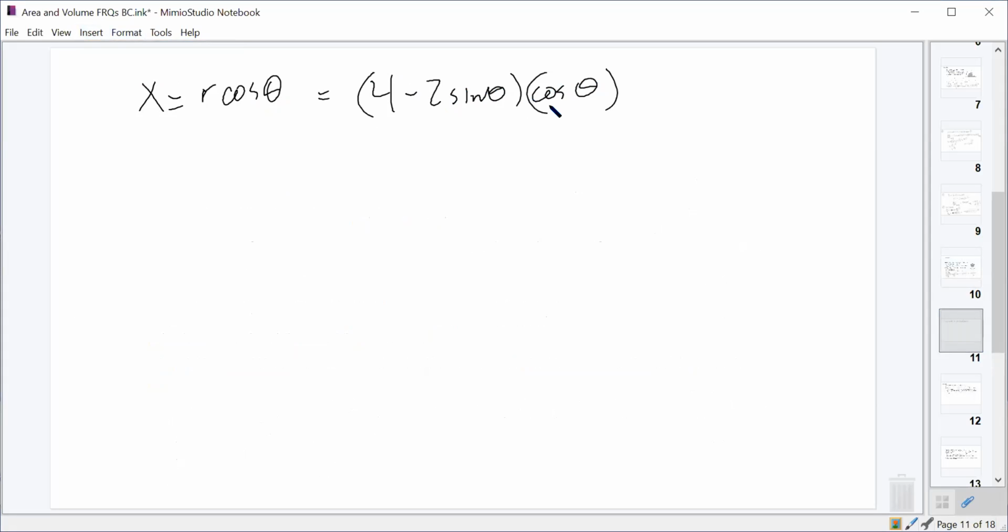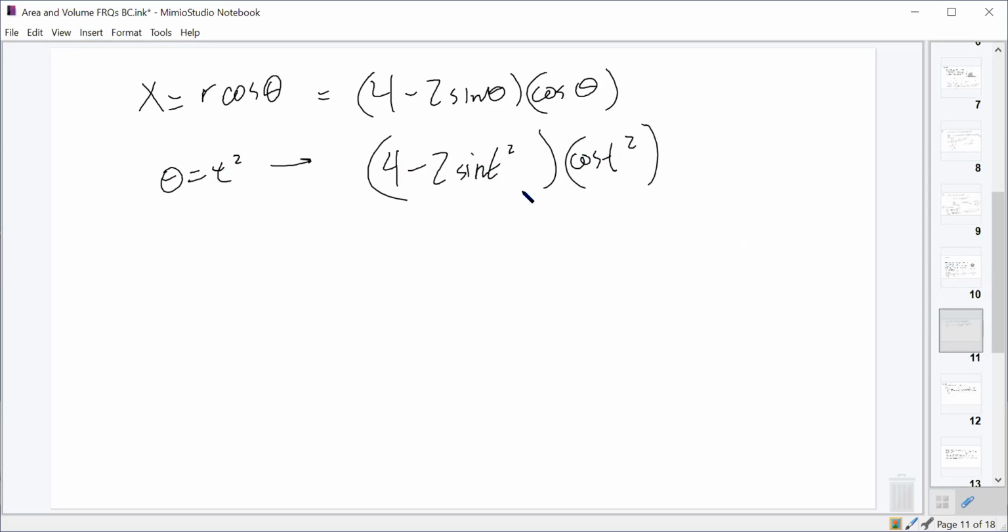And then we said that theta is equal to t squared, so we're just going to replace all of our thetas with t squareds. That'll give us 4 minus 2 sine t squared times cosine t squared. And we want to know when does that equal -1.